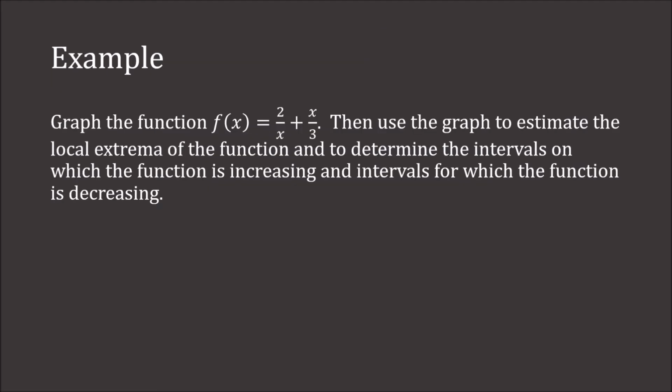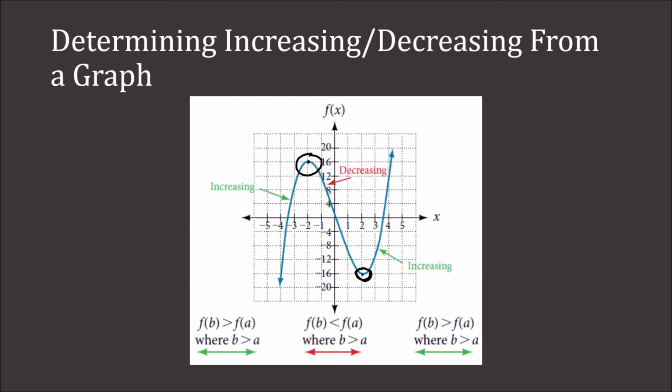So let's consider the function 2 over x plus x over 3. We will use the graph to estimate the local extrema of the function and to determine the intervals on which the function is increasing and the intervals on which the function is decreasing. So a quick note, notice here that right here, the graph switches from increasing to decreasing.